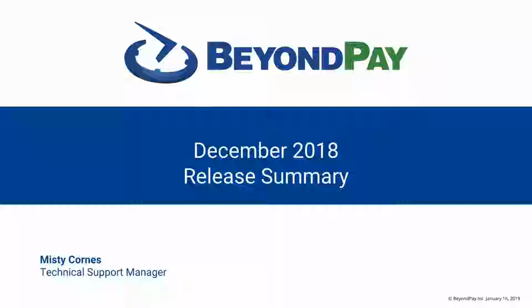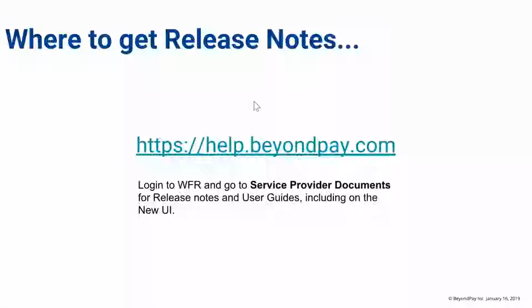So let's just go ahead and talk a little bit about how you can find out information about what's happened with the last several releases, as well as updates to user guides and things like that. So for all of that information, you're going to go to help.beyondpay.com.